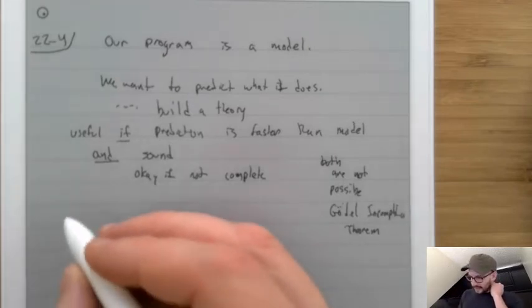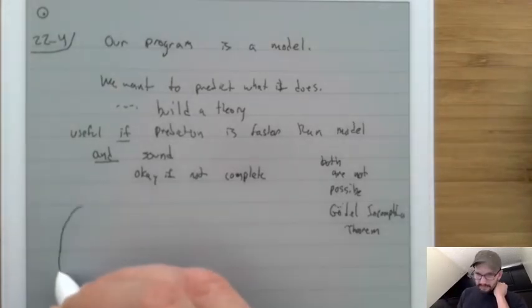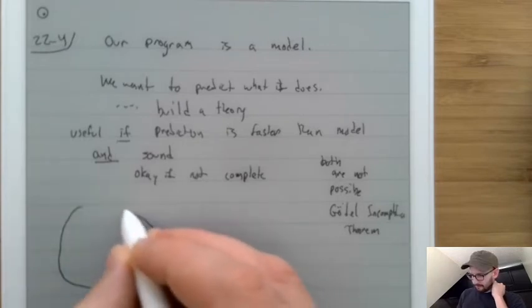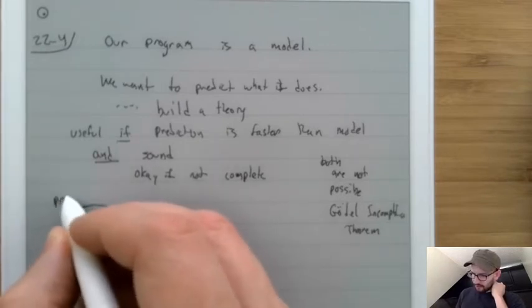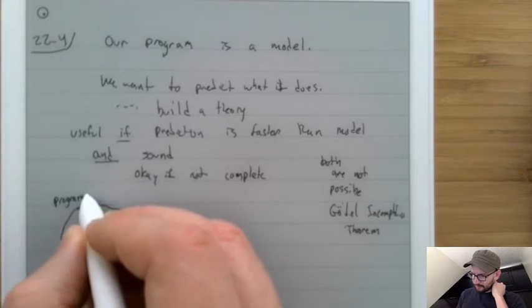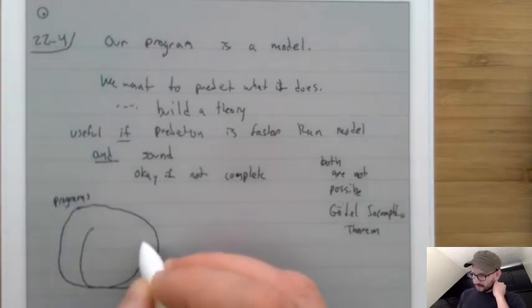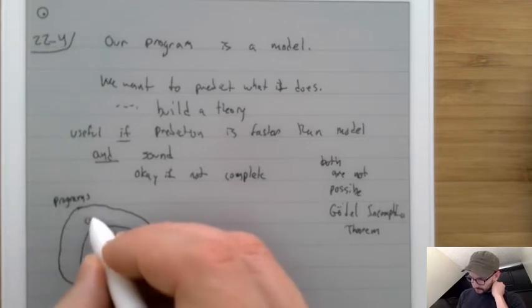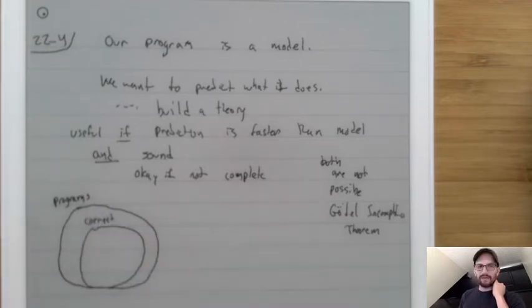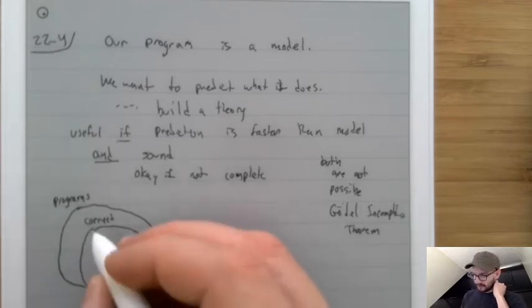That means that there's a space of programs. So here are all possible programs. Many of those are correct. However, only some of them our theory says are correct.